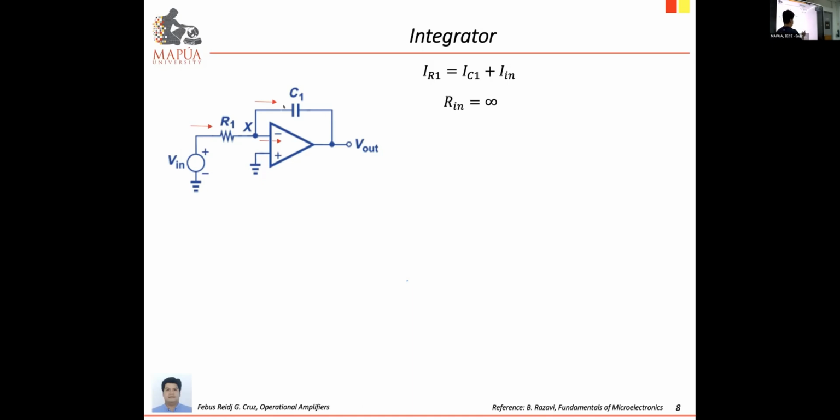Again, input resistance of op-amp is infinity, so we can set input current to be 0. And therefore, you have IR1 equal to current along capacitor 1. Then recall that for capacitor, this is the characteristics. Current along capacitor equals capacitance times the change in voltage. So recall the basic functions of passive devices. Resistor opposes current. Capacitor opposes change in voltage.